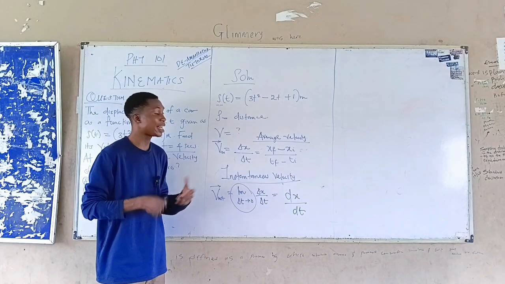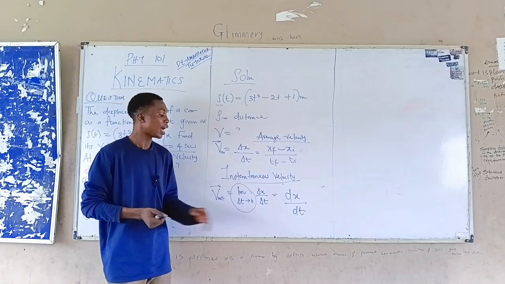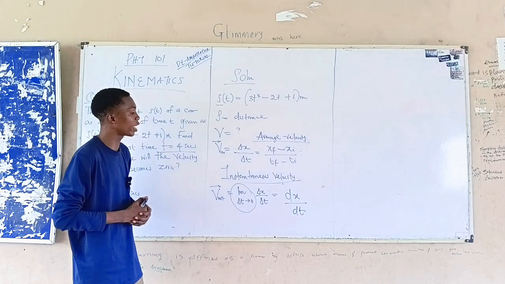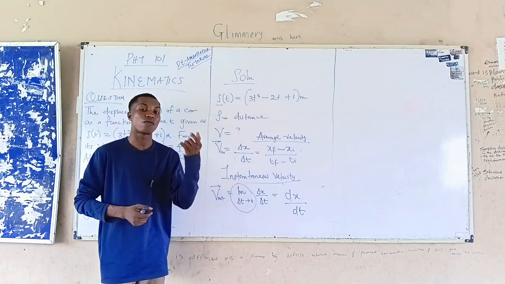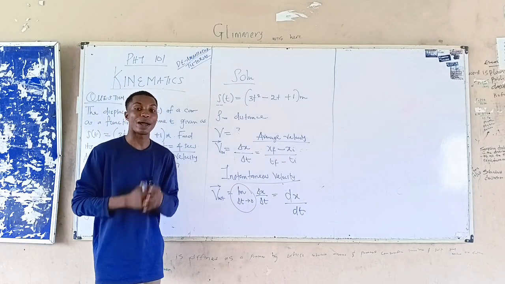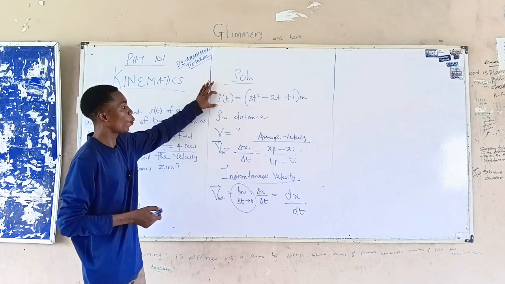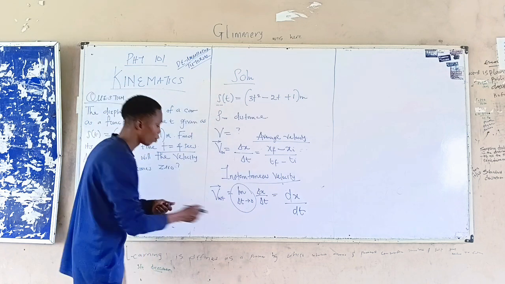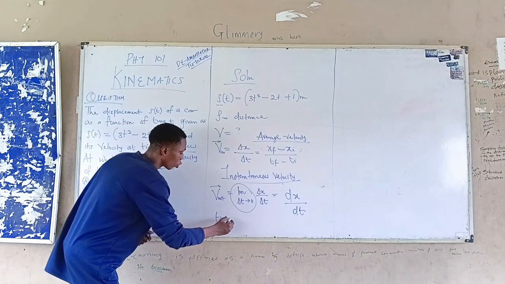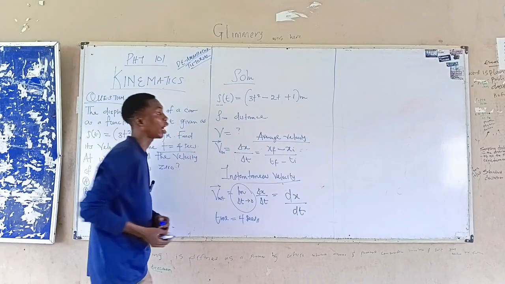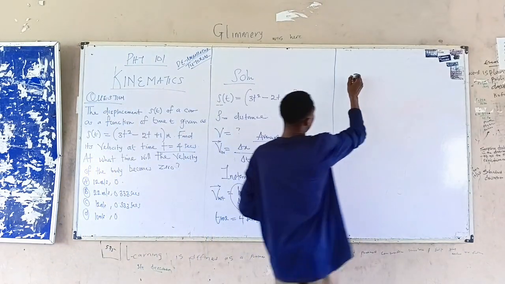It means anytime I'm given instantaneous velocity, I have to apply differentiation. Looking at this carefully, I'm trying to get my velocity at 4 seconds. For me to get my velocity at 4 seconds, I need to find a way to differentiate this, and then apply the time when it's at 4 seconds. So how do we differentiate? Quick one, under differentiation.